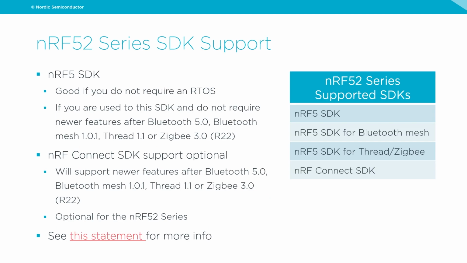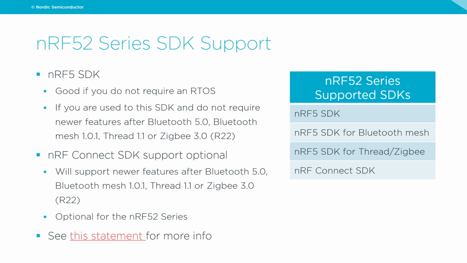On the NRF 52 series SDK support, we do have the NRF 5 SDK. That is very good if you do not require a real-time operating system. Also, if you're used to this SDK and you don't require newer features after Bluetooth 5, Bluetooth Mesh 1.0.1, Thread 1.1, or Zigbee 3.0 release 22.